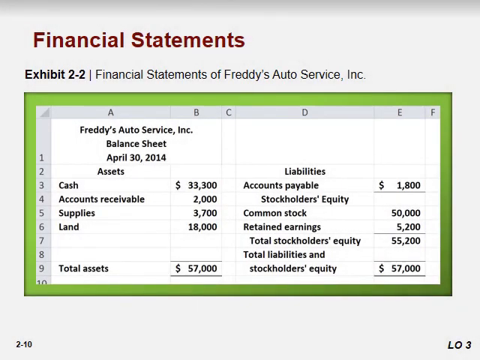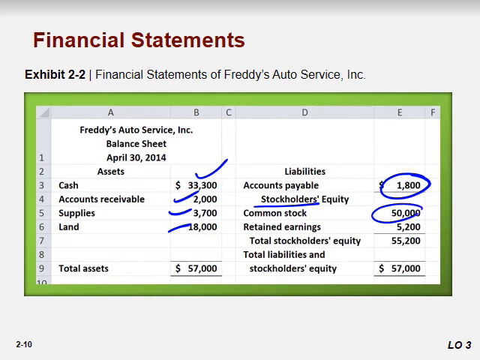And can we make the balance sheet? Of course. From the accounting equation, you just write down the balances that you found. We know that cash is 33,300, then accounts receivable, supplies, and land. And you make the other side of the balance sheet, which is liabilities, 1,800, and common stockholder equity.